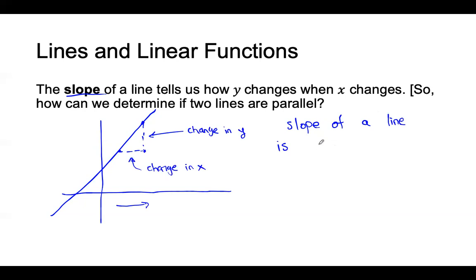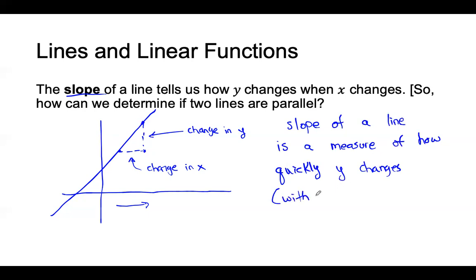So the slope of a line is basically a measure of how quickly y changes with respect to a change in x.